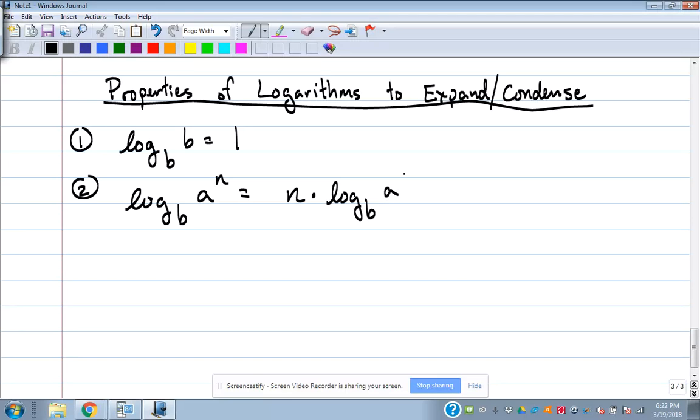Whatever the exponent is on what you're taking the log of, it comes down to the front and becomes multiplication. Exponents can move to the front and be multiplication. So that's a handy one for expanding or condensing, either one.